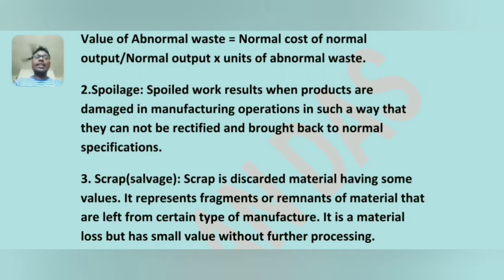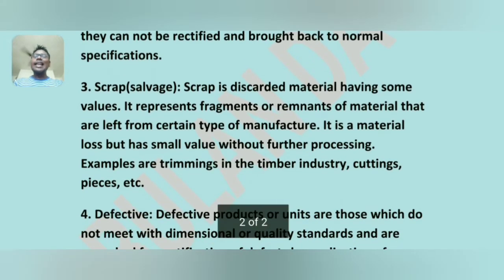Okay. Number 2, spoilage. Spoiled work results when products are damaged in manufacturing operations in such a way that they cannot be rectified and brought back to normal specification. Okay. Then point number 3, salvage, or you can say scrap. The scrap is discarded material having some value.